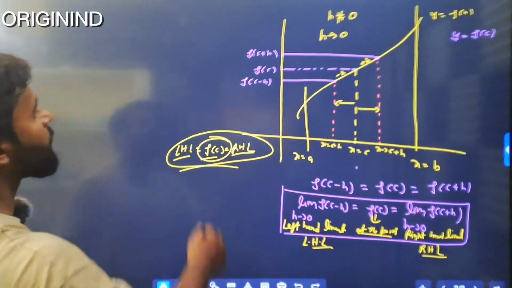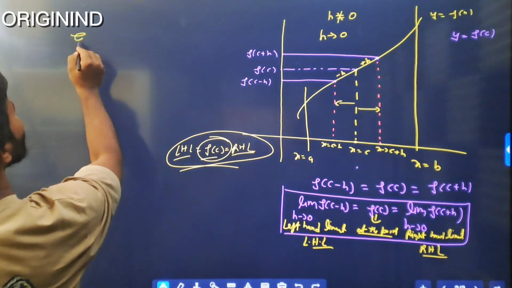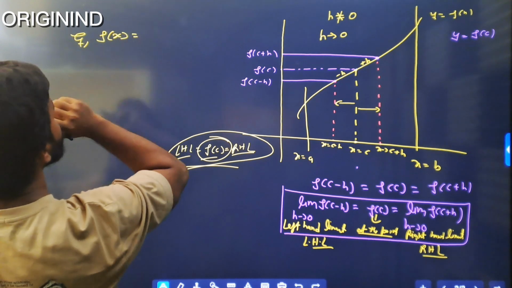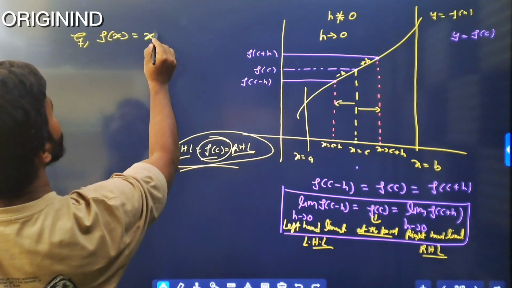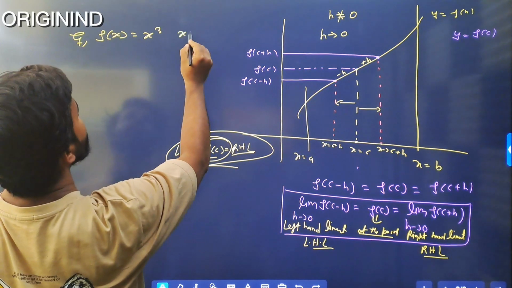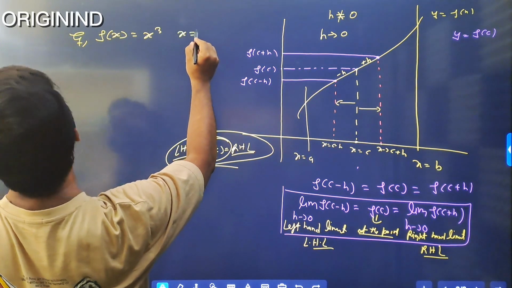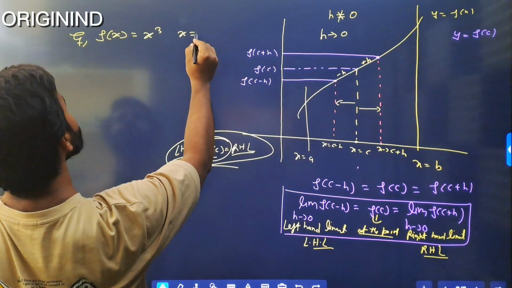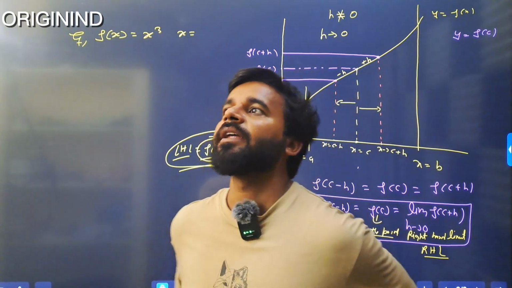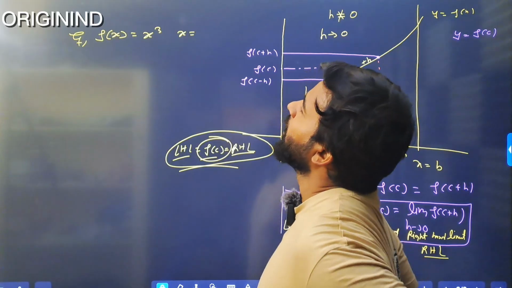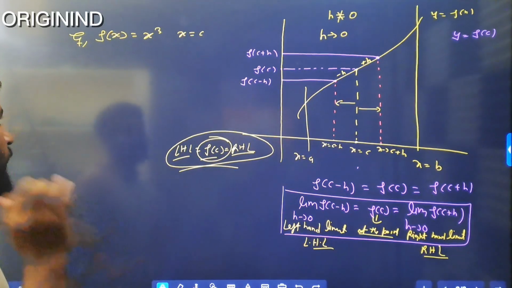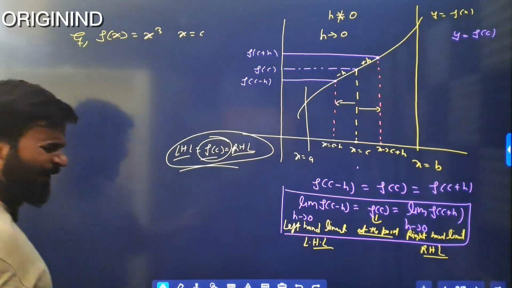So what I mean to say, as a small example, f of x is equal to x cube, and x is equal to c.